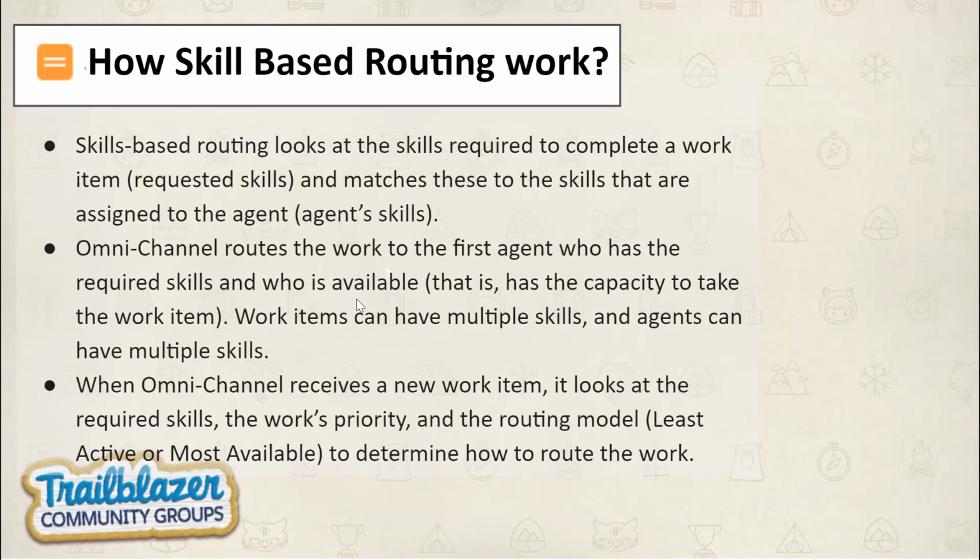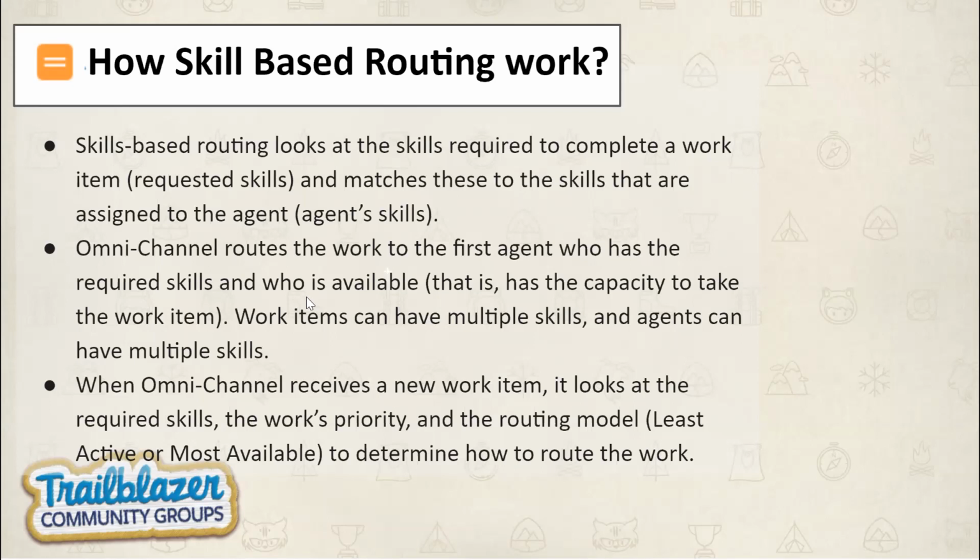Omnichannel routes the work to the first agent who has the required skill. If I have multiple agents who have the same skills, then which agent should get the case assigned first? In that case, omnichannel uses the round robin algorithm and routes the work to the first agent.